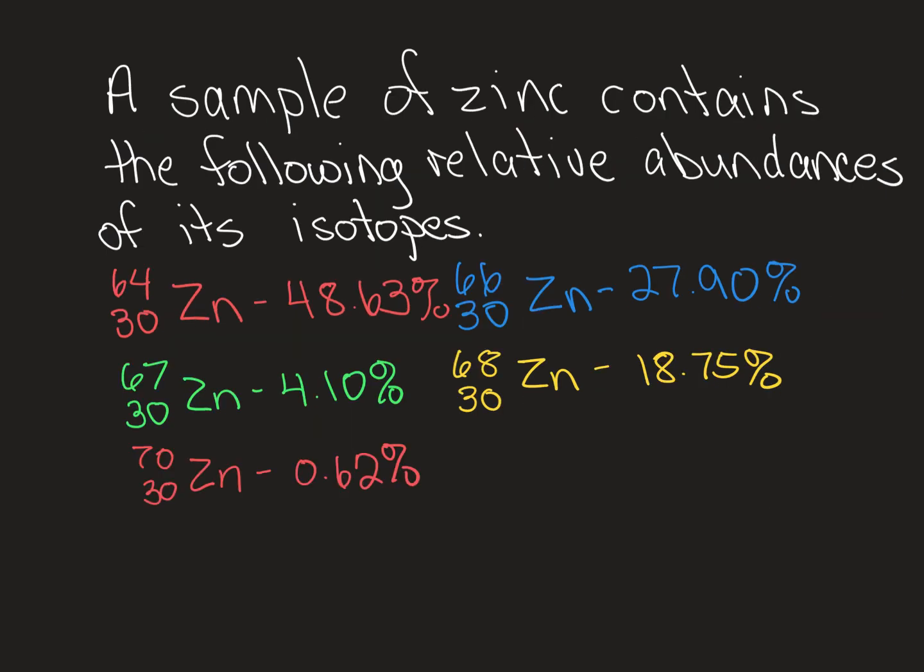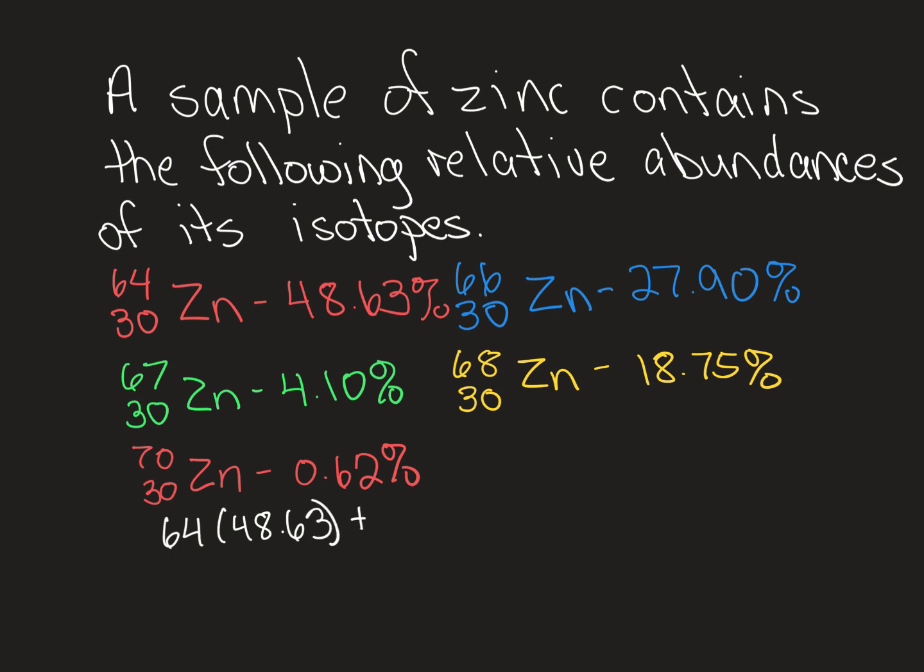So let's look at another problem. And this problem has a lot of numbers. So I'm going to go ahead and do it the first way that I showed you. So I'm going to start with 64. We have the isotope 64, and I'm going to multiply that by 48.63.